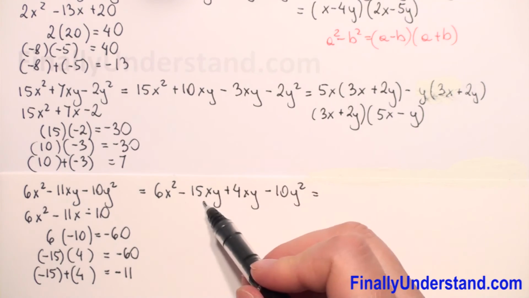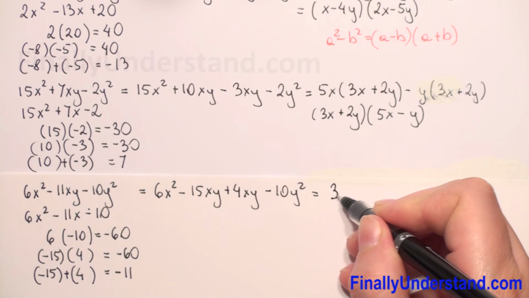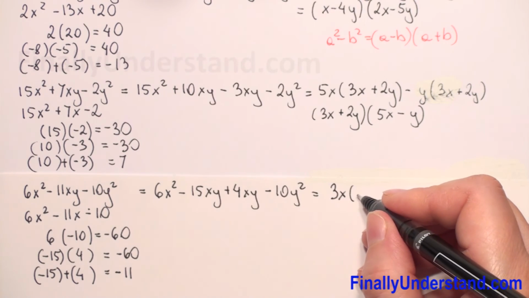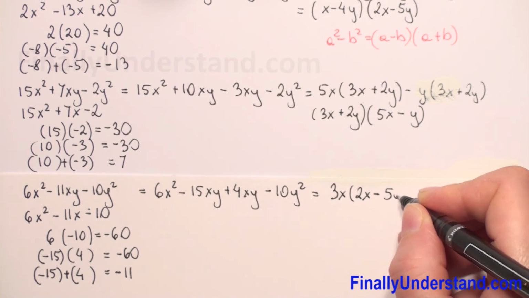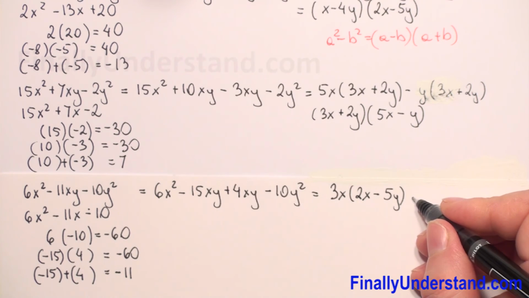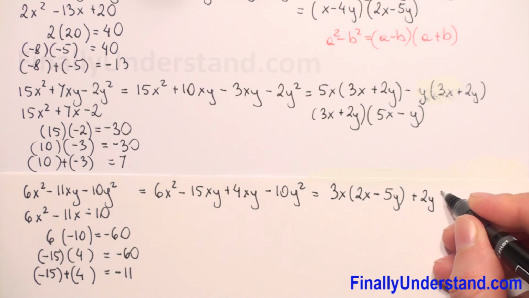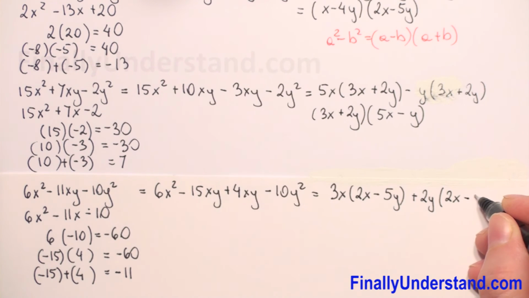Next I will factorize from these two expressions 3x, so in parentheses I will have 2x minus 5y, and from the last two expressions I will factorize 2y, so in parentheses I will have 2x minus 5y.